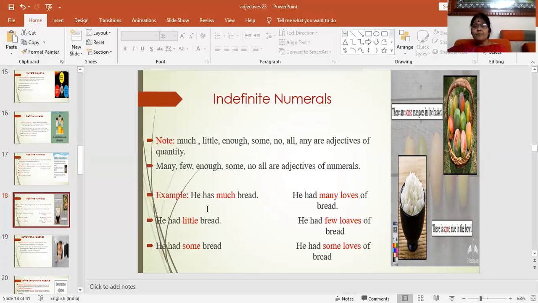This is adjective of quantity. But numerals, he had many loaves of bread, number, right? He had little bread, quantity. He had few loaves of bread, numerals. He had some bread, but in numerals, he had some loaves of bread. So these words like many, few, enough, some, no, all are adjectives of numerals.